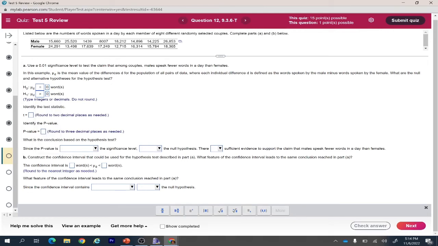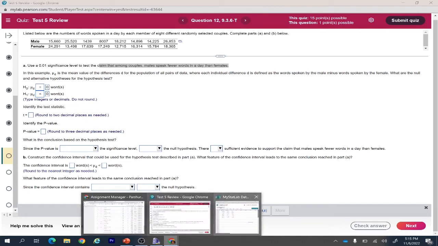Remember, this difference is male minus female, so what is the claim? The claim is that among couples, males speak fewer words in a day than females. So it should be less than 0, because male minus female has to be negative so that males speak fewer. So it should be less than. Now find out the rest of the information.